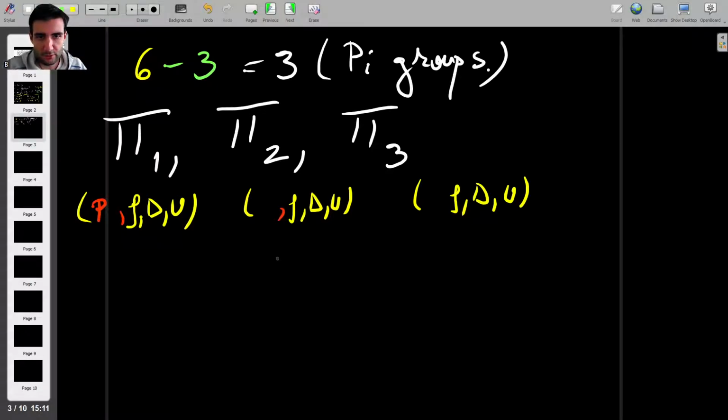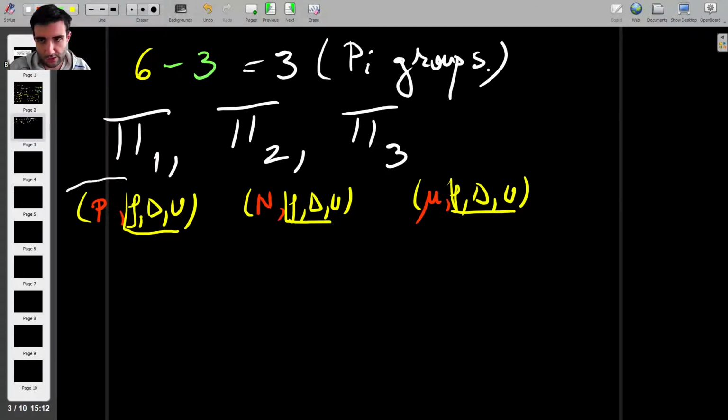I want my second pi group to have n, and I want my third pi group to have mu. And this covers everything. We have 3 repeating variables, rho D U, in each group, and then the other 3, one in each: power, rotational speed, and dynamic viscosity. Now that we did this, let's actually get to work and find how each set of variables can be combined into something non-dimensional.